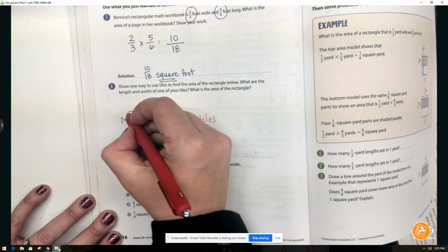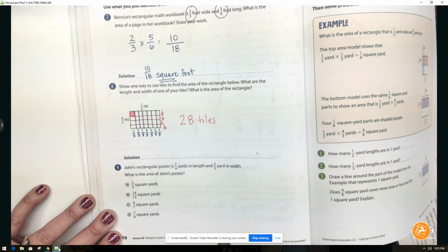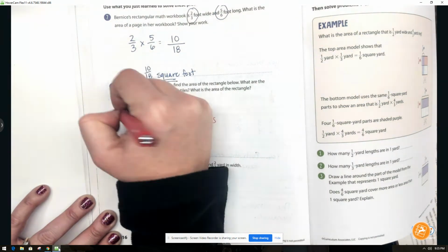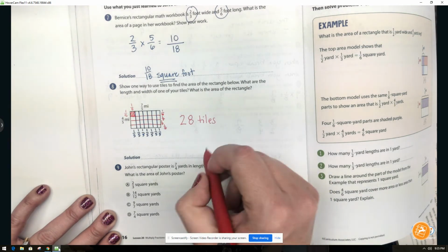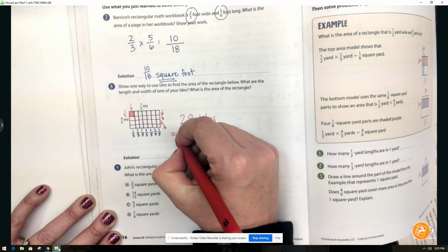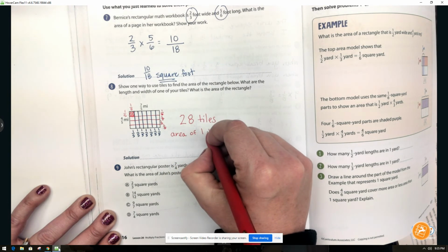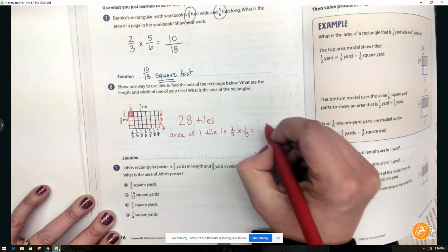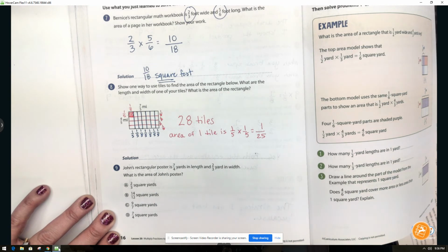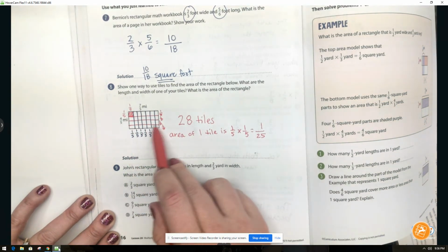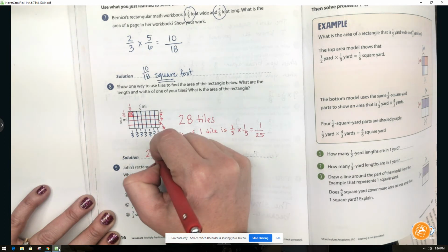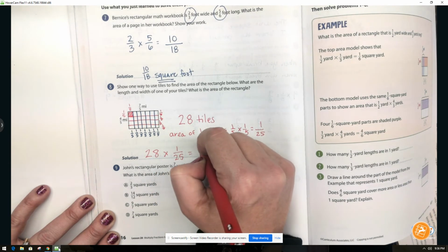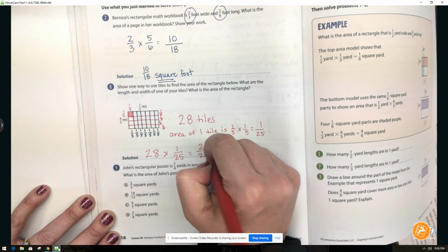And then what is the area of one of these tiles? Well, we know that one side is 1/5 and the other side is 1/5. So the area of one tile is 1/5 times 1/5, which equals 1/25. So to find the area of this whole section, we're going to say, what is 28 times 1/25, which equals 28/25.